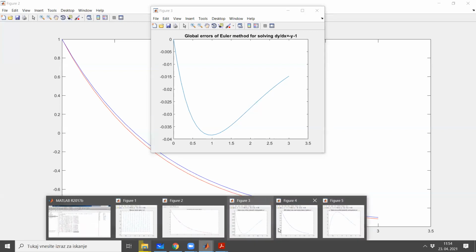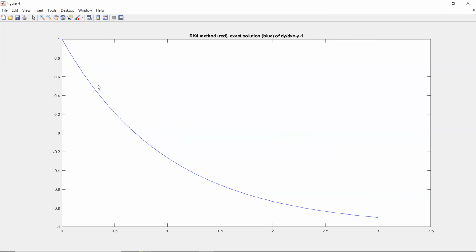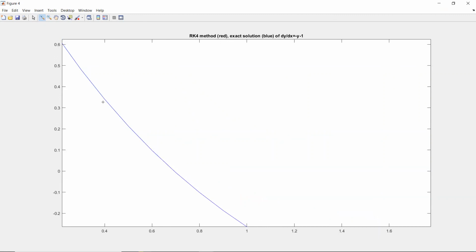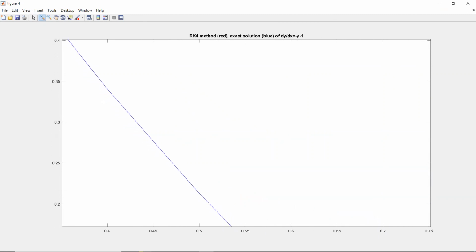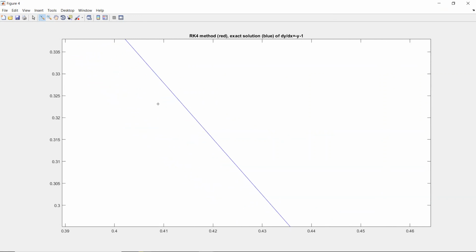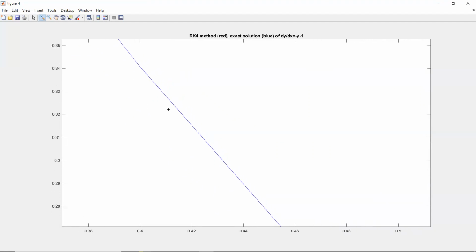And let's look at the graph for Runge-Kutta method. You see here, we cannot even see with the bare eye that the exact solution and Runge-Kutta method differ, even if I increase the picture, we still cannot see the difference between both solutions.